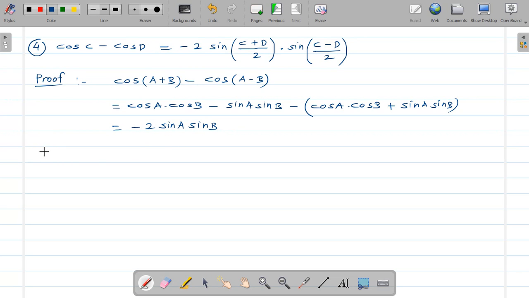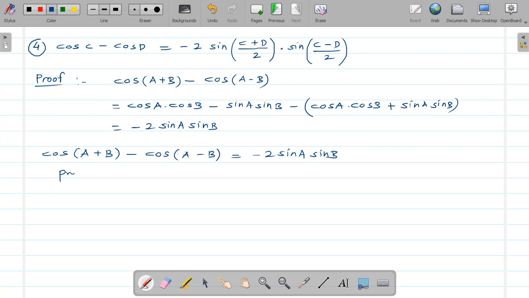Now what do we get here? cos (A plus B) minus cos (A minus B) is equal to minus 2 times sin A into sin B. See the combination.